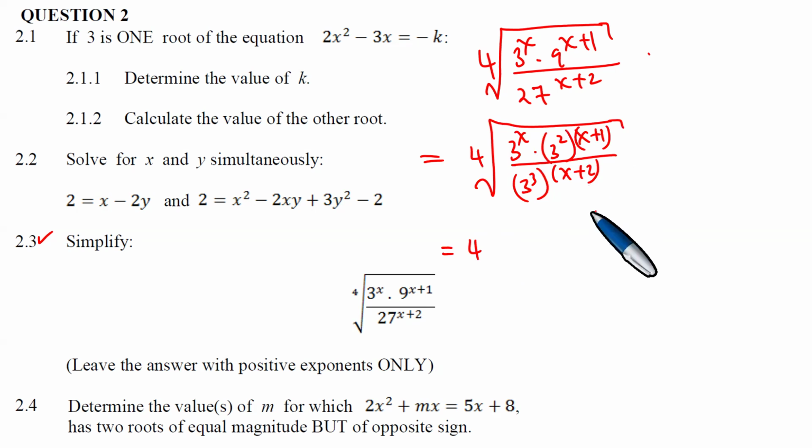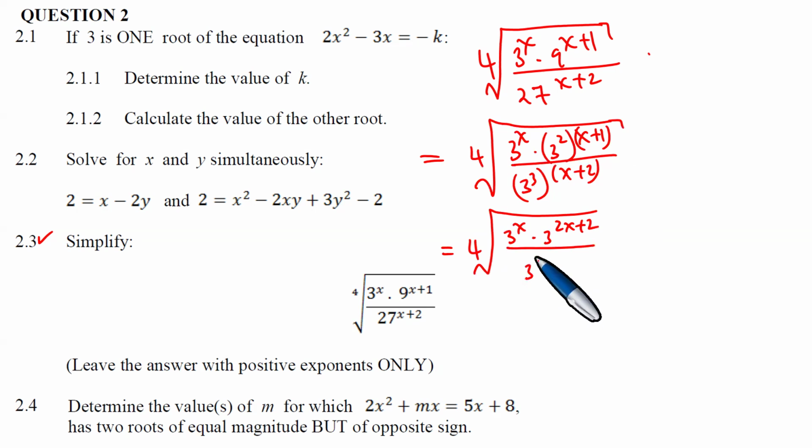So you have the fourth root. So which is 3 to the power x, 3 to the power. Here we have 2 times x plus 1, which is 2x plus 2, and this is 3x plus 2. What do we do here after this?